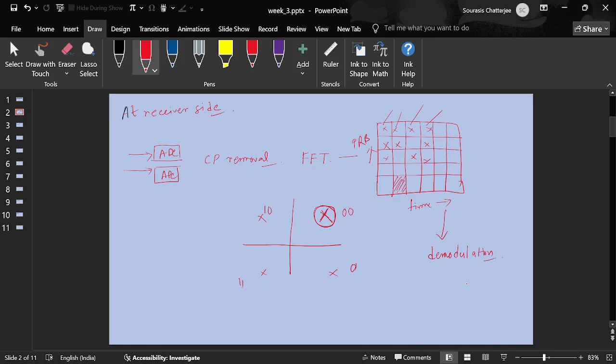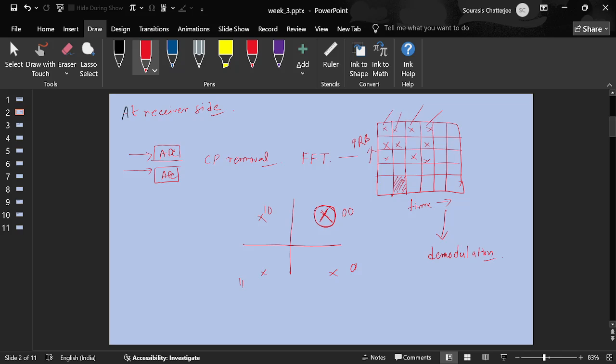We have to determine the most likely bits after the constellation mapping, but why do we need that in the first place? Why do you need to go for that?